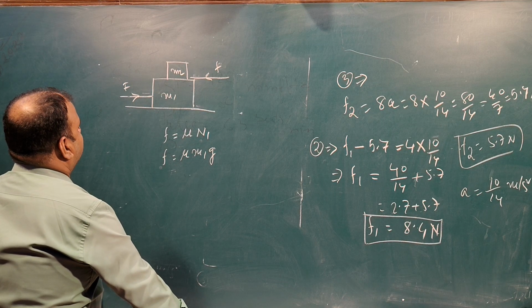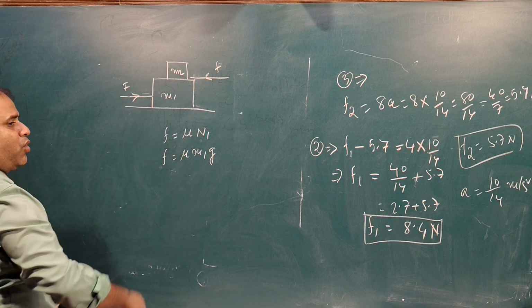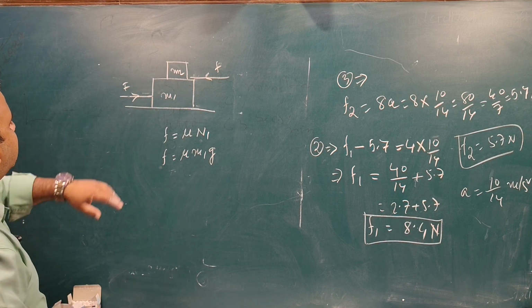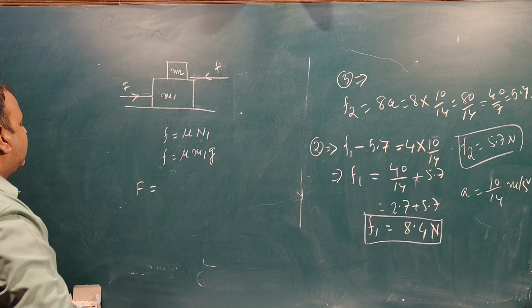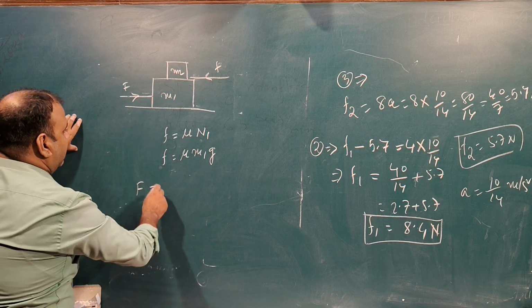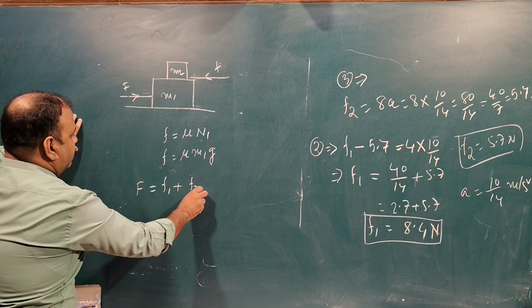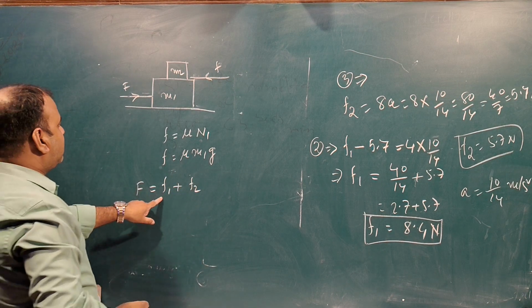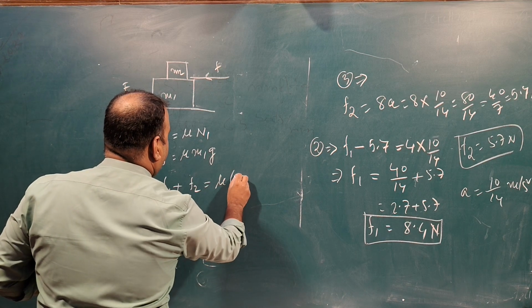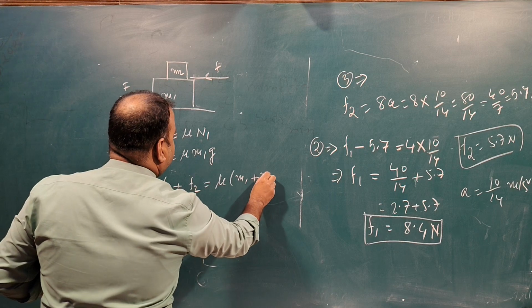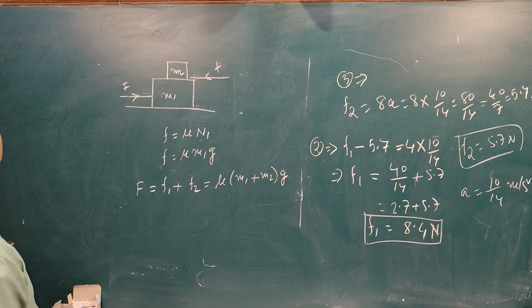Now you remember, when two objects are placed like this, what is the total force? The total force in this case we can write as F1 plus F2. In case of F1, we can write mu (M1 plus M2) into g.